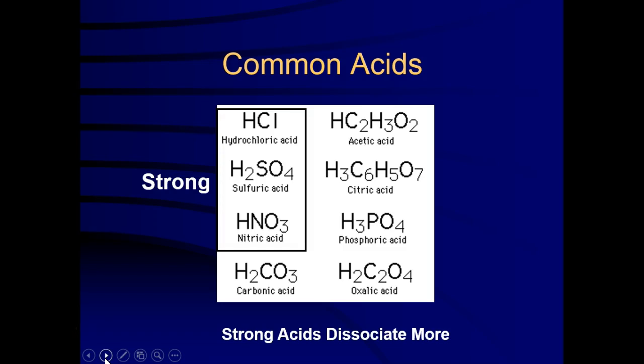It's a weak acid. Acetic acid you may know as vinegar. When you eat a lemon or a lime or an orange or a tangerine, the sour flavor comes from citric acid. This is often an additive to soft drinks.